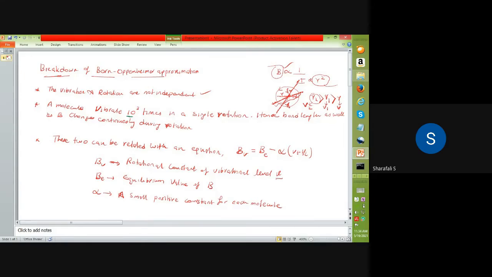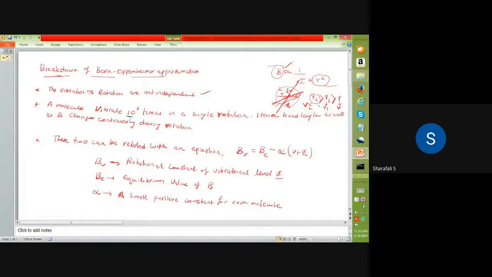If you are considering stretching, your stretching will be more when your bond length is larger, so the vibrational energy will be larger. So for R2, you will have a different vibrational quantum number or energy level as compared to R1. We can denote these vibrational levels as V, V1, V2.